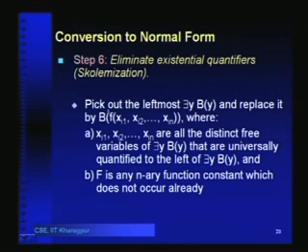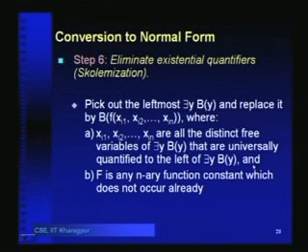So, what we do is we pick out the leftmost there exists y by and replace it with b of x1 through xn, where these are all the free variables of there exists y by that are universally quantified to the left of there exists y by.